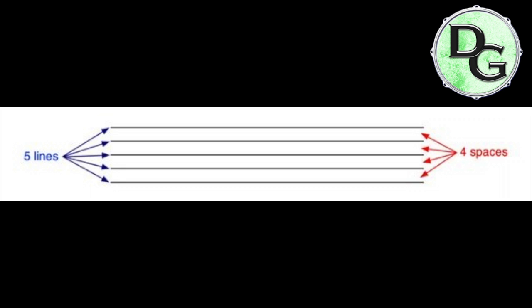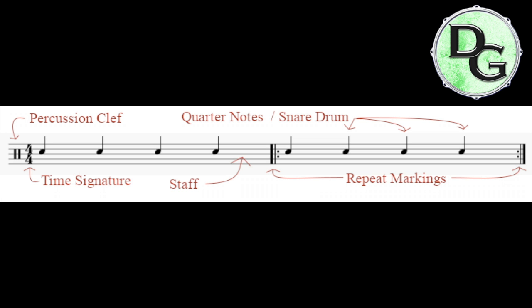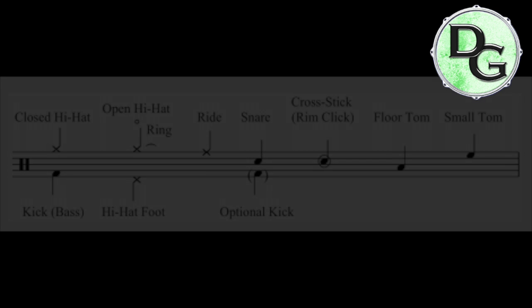And also the notes themselves could have different types of what we call note heads, or the part of the note where the placement is. So most of the time it's kind of like an oval or round filled in circle type thing, or a filled in oval. But you could change that up and have an X or a diamond, or you could have an X with a circle around it. And all those things are going to mean something slightly different in drum or percussion notation.